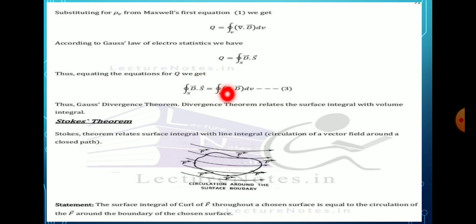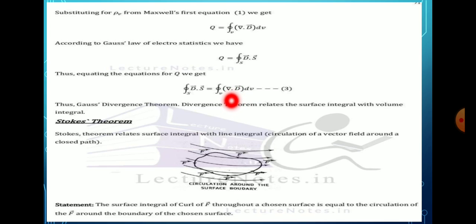So the statement is given by the integral of the normal component of the flux density, that is D bar, over the closed surface in an electric field, is equal to the volume integral of the divergence of the flux density.